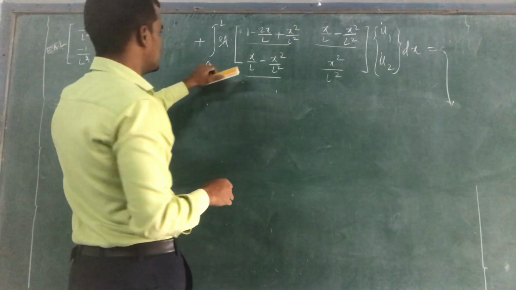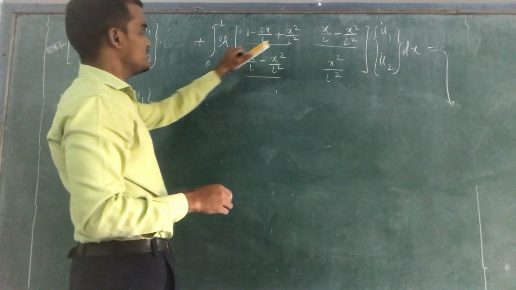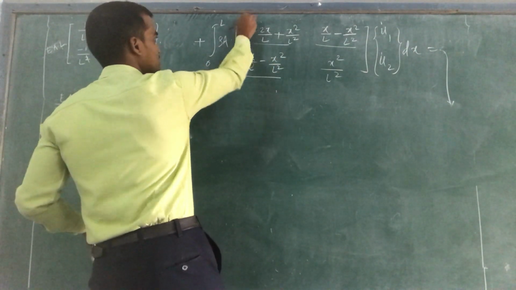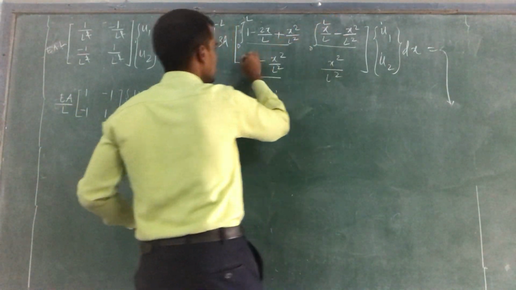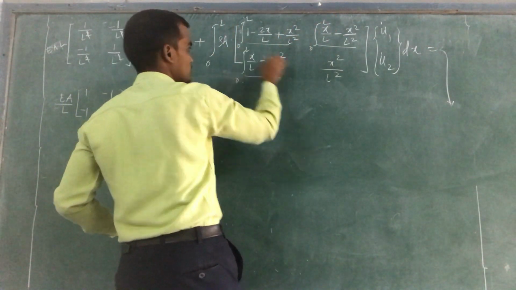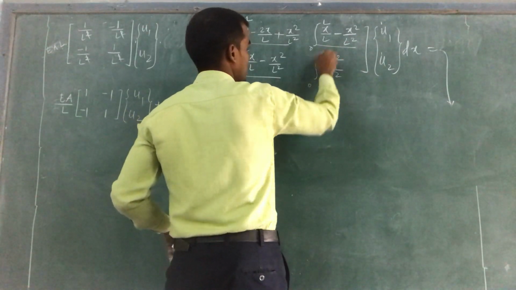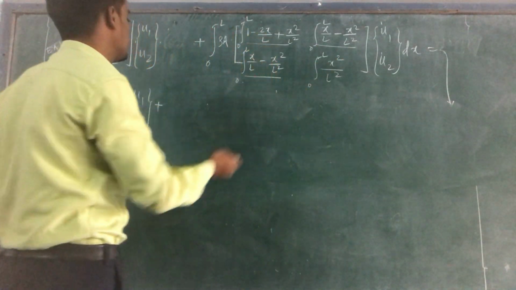Okay, so this integration we need to take for each term, that is integration over 0 to L, similarly integration over 0 to L, and we will solve this integration.